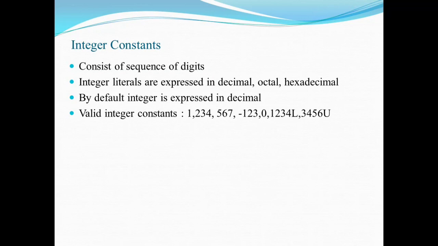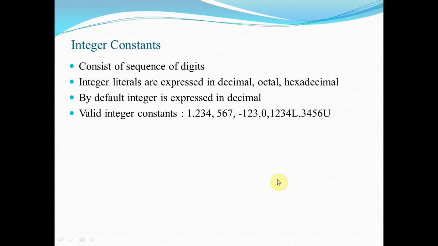If you want to define a long integer or an unsigned integer, then you have to write the letter L or the letter U after that number: L stands for long integer and U stands for unsigned integer.